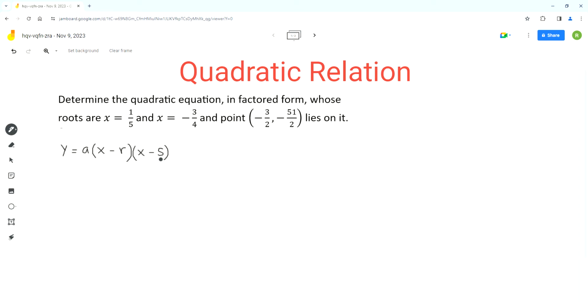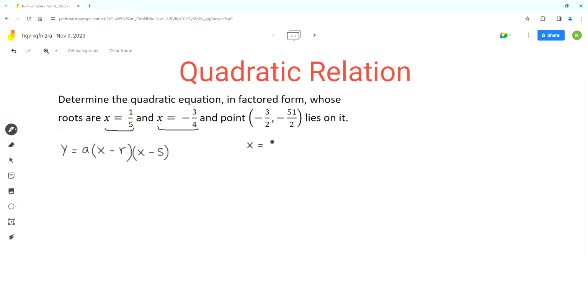Now in this problem, we are given the roots as x equals 1 over 5 and x equals negative 3 over 4. Now we have to use these roots to find these factors. Since these roots are in fraction form, we cannot use r as 1 over 5 and s as negative 3 over 4. So let's start with the first factor.